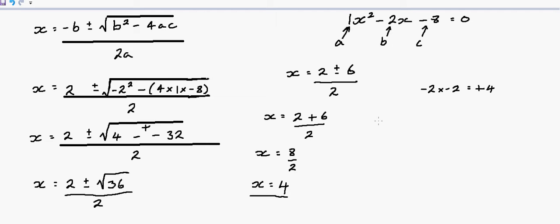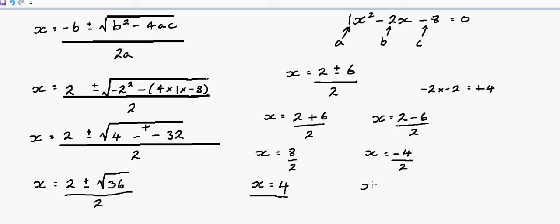Now we go with the minus 6. So we have x equals 2 minus 6, again all over 2. So x will equal, so if I've got £2 in the bank but I draw out 6, I'm now £4 overdrawn, and that's over 2.